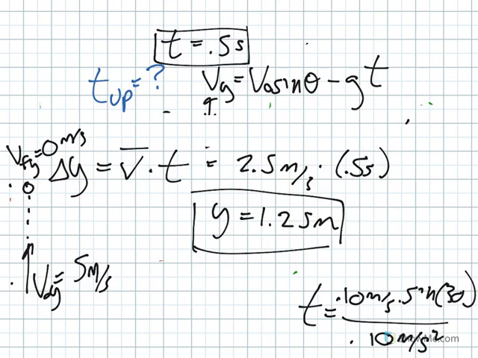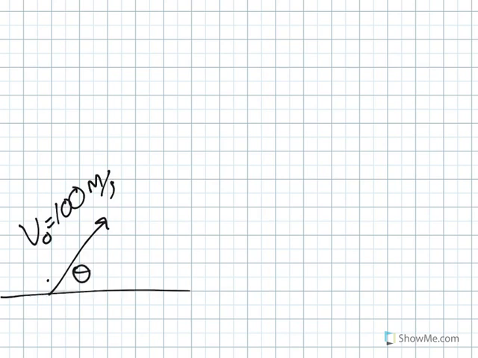And one more problem here, right? Let's do this. So let's launch something again. Say that V naught is 100 meters per second. And the angle at which we launch it is 60 degrees.